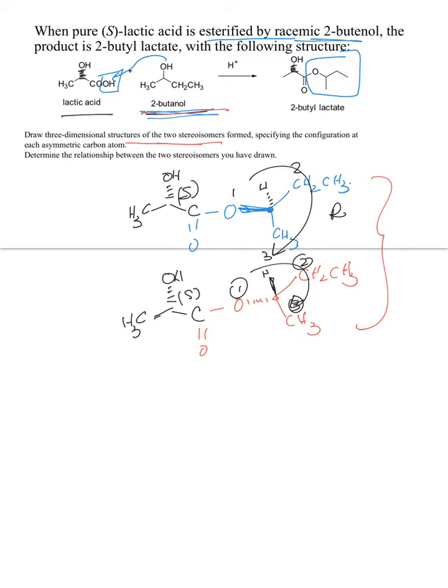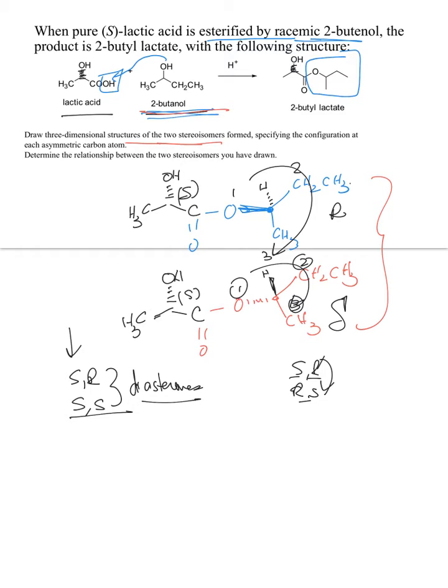So that would be S. Okay? So you have SR and you have SS. Those are diastereomers. If they were enantiomers, it'd have to be SR and then RS. Both of these would have to change, okay? But because this S is still S and this is R and S, these are diastereomers. So determine the relationship between the stereoisomers. Yes, they're diastereomers.